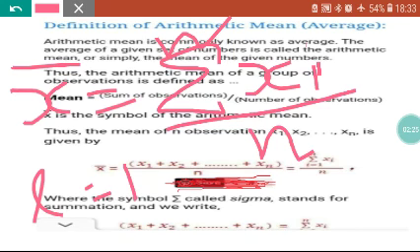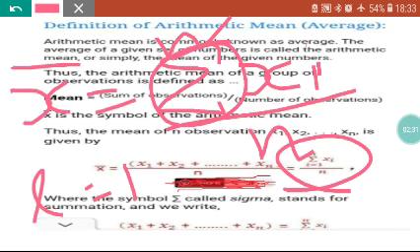In this way it can be represented. And what is that symbol called? This symbol is called sigma. That means summation. Summation means the sum of all the terms.